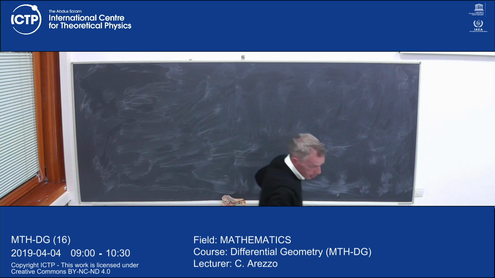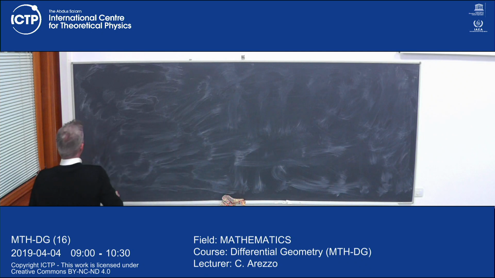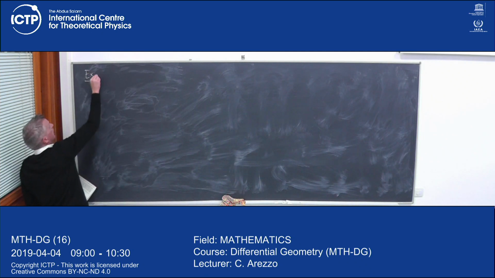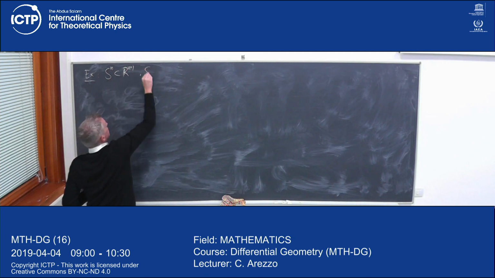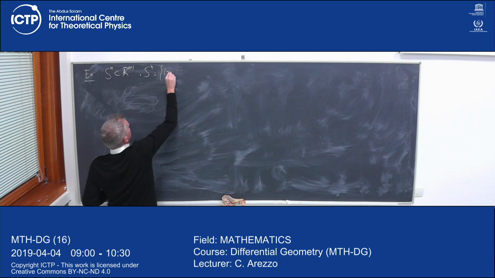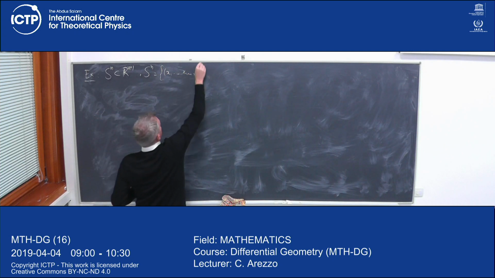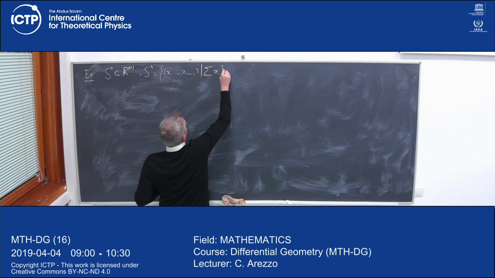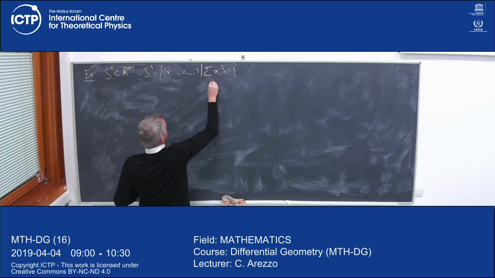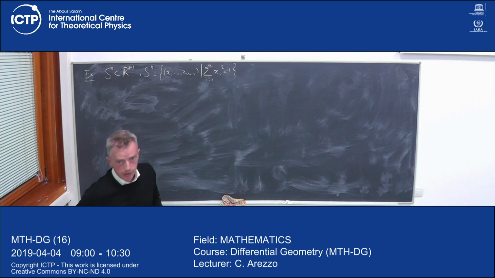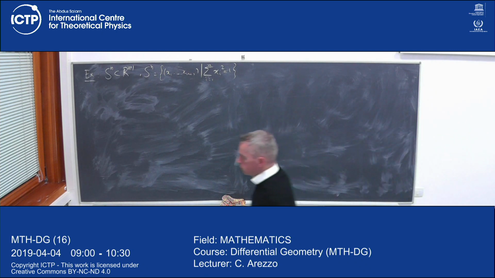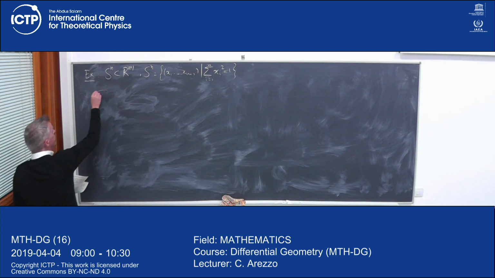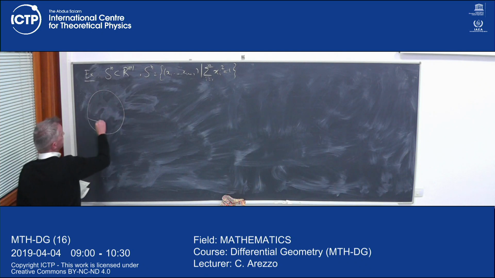Now the sphere in any dimension, and as usual I take the sphere with center the origin and radius 1, so S^n contained in R^(n+1). Nothing will change if you change the center. Now, of course the picture you draw is the two-dimensional picture, but now we are in any dimension.